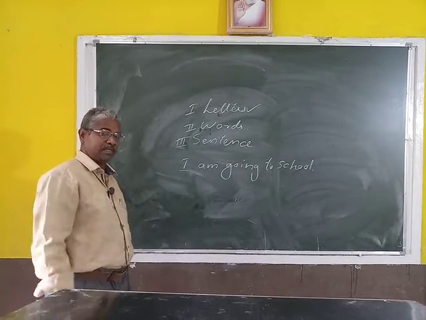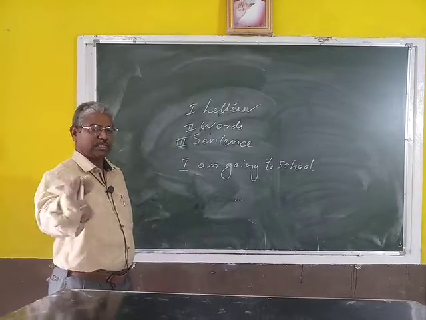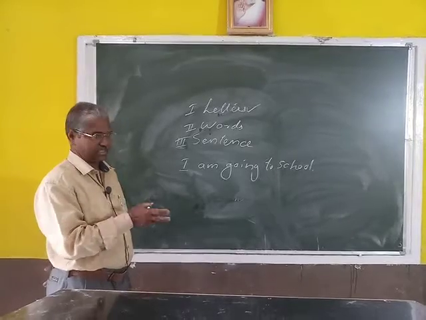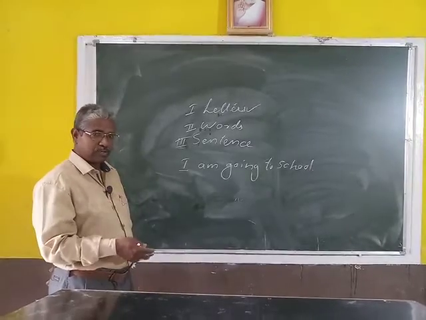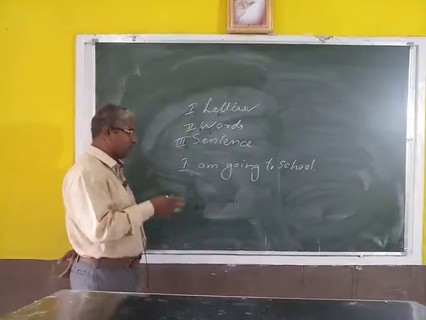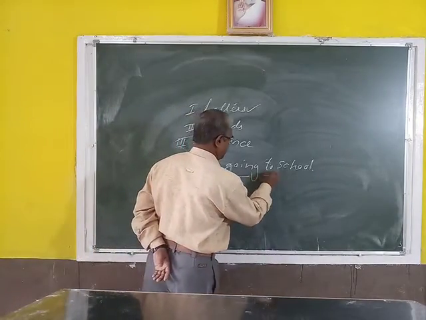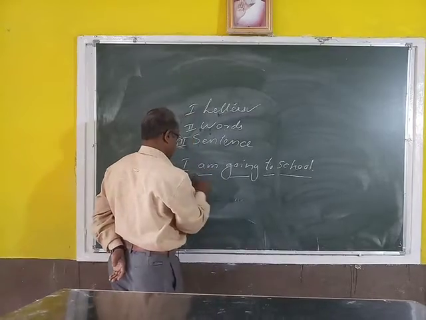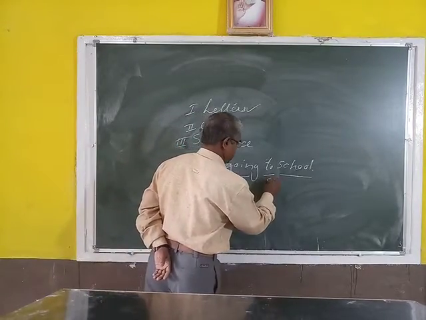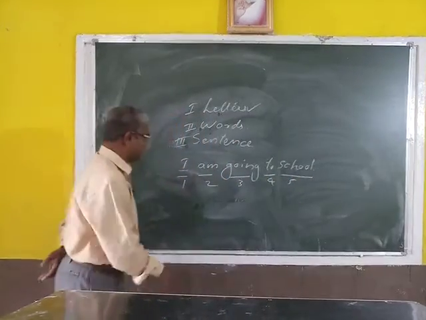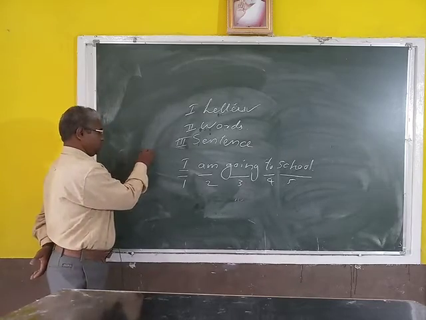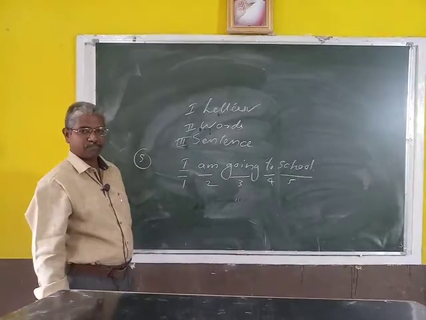You know the meaning. Very simple, you easily understand the full meaning of the sentence. And this sentence, what is a sentence? How many words are in this sentence? 1, 2, 3, 4, 5. Totally 5 words are used to form this sentence.